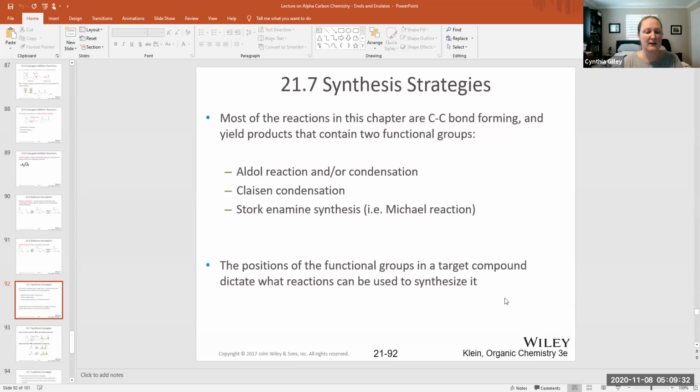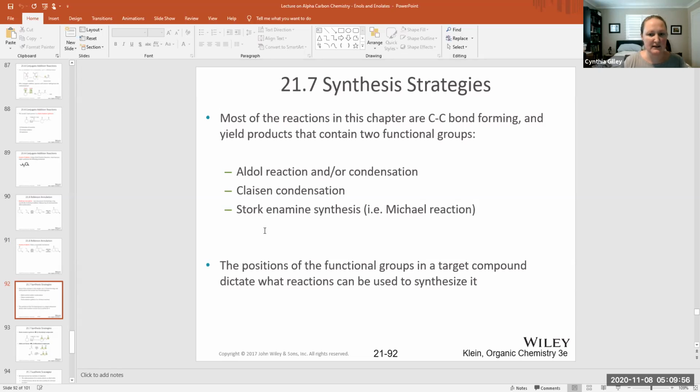Okay, so we're moving on to 21.7, which discusses different synthesis strategies for this chapter. It's important to recognize that a lot of the reactions in the chapter involve new carbon-carbon bond forming reactions, and the products contain at least 2 functional groups, right?